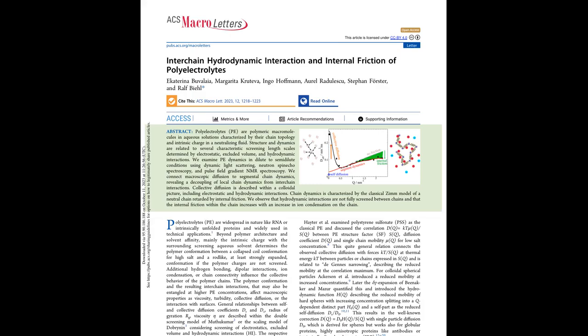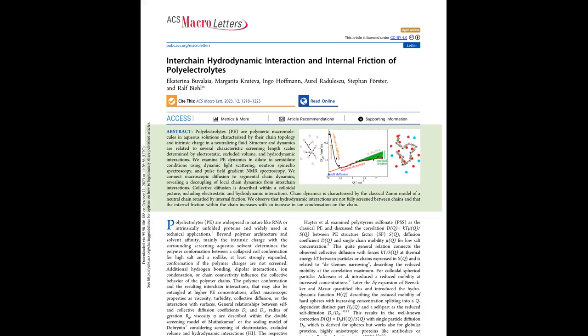Key findings include the pronounced enhancement of collective diffusion at low salt due to long-range interactions, the modulation of internal friction by ion concentration and counter-ion adsorption, and the temperature dependence of these frictional effects, distinct from solvent hydrodynamics. The two Yukawa potential model applied to SAXS data reveals a balance of electrostatic repulsion and short-range attractions, shaping polymer conformation and solution structure.